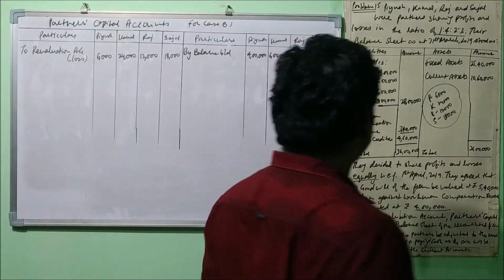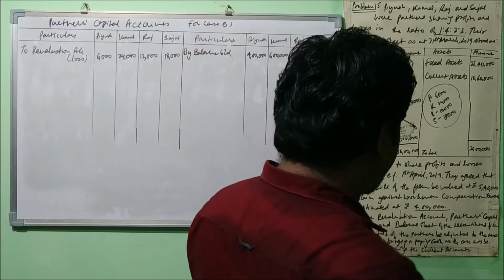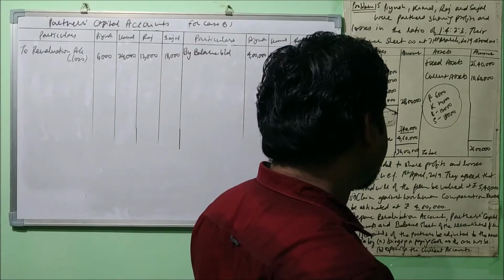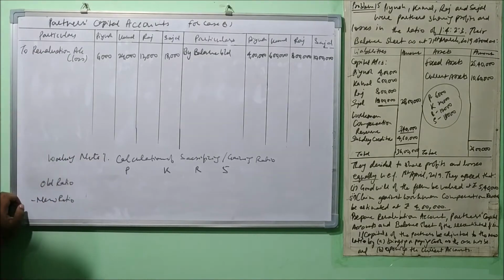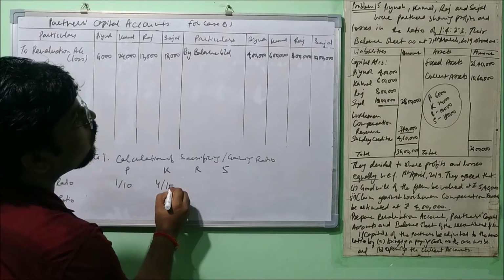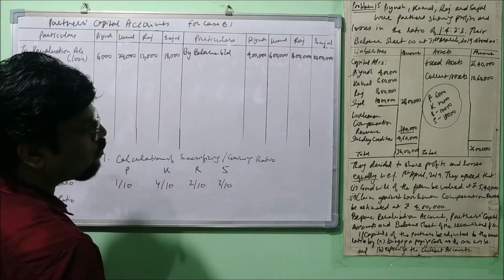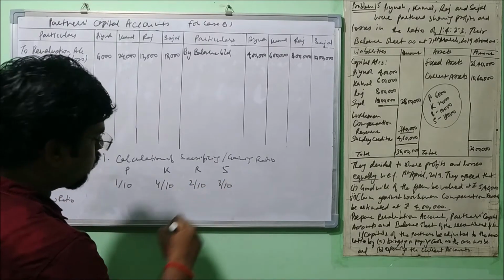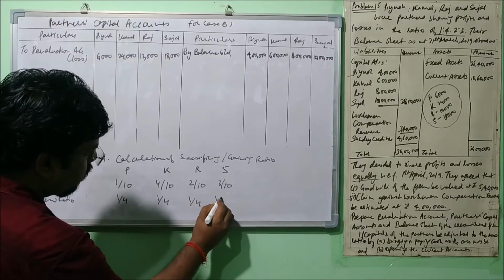Now no other reserve is there, no other information is there. Yes, goodwill. For the calculation of goodwill, you have to calculate the sacrificing ratio and gaining ratio. So what are their old ratios? 1 by 10, 4 by 10, 2 by 10 and 3 by 10. And what will be the new ratios? Equally, means 1 by 4, 1 by 4, 1 by 4 and 1 by 4.